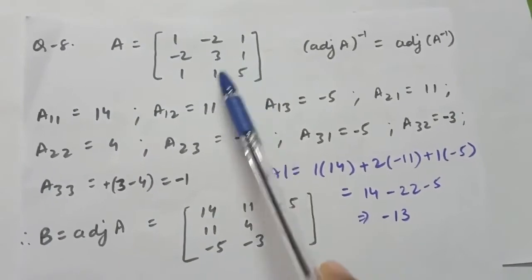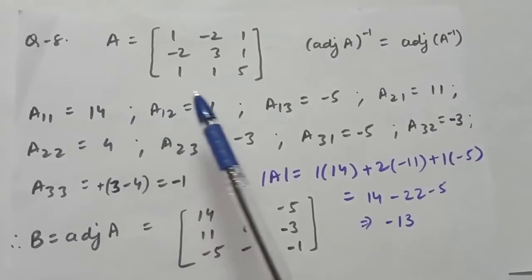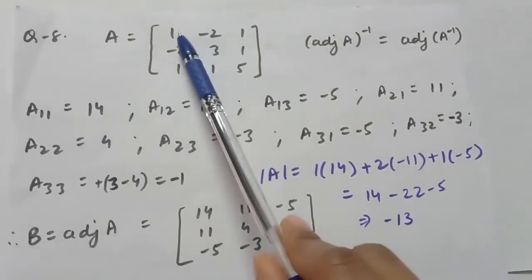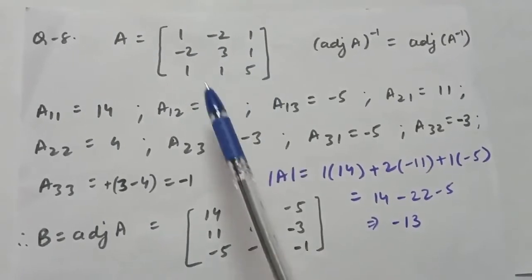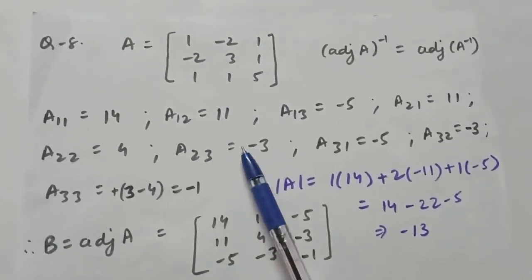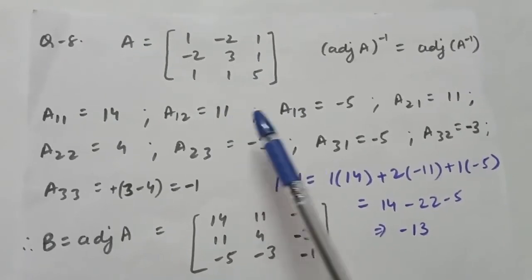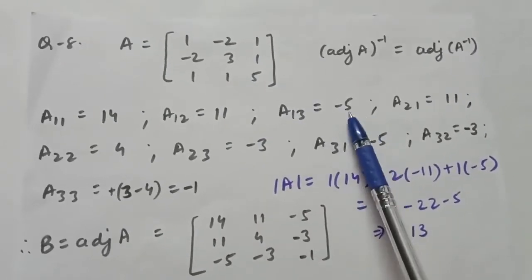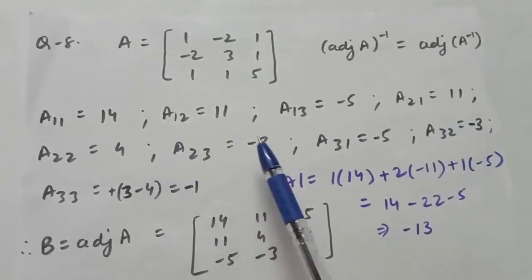So 15 minus 14, and it will get multiplied with plus 1 only, right? Then for this element, leave the first row and second column. So minus 10 minus 1, that is minus 11, but minus 11 will get multiplied with minus 1, so it will be 11. Similarly, you will get the other cofactors as minus 5, 11, 4, minus 3.